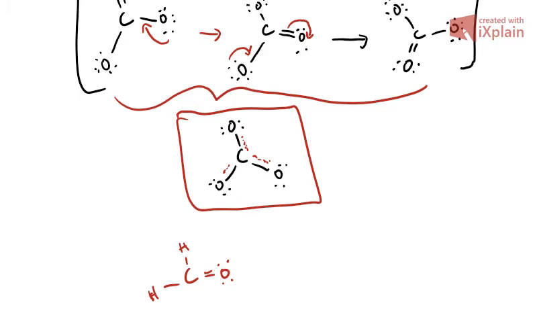Okay, something like this. Okay, this also would not have resonance. Okay, even if this double bond moves up, you cannot form a double bond with chlorine. Okay, chlorine does not make double bonds.